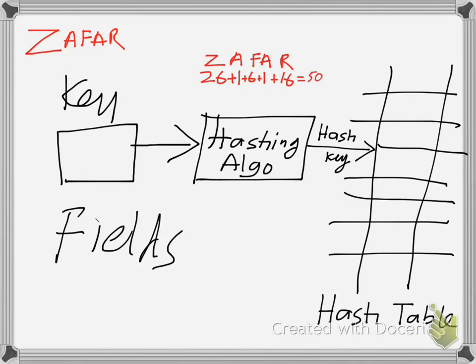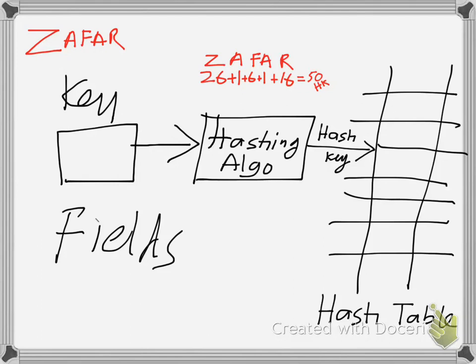Now this 50 is basically the hash key. Now this is basically pointing to something in the hash table. So that is how we determine a hash key with the help of a hashing algorithm.